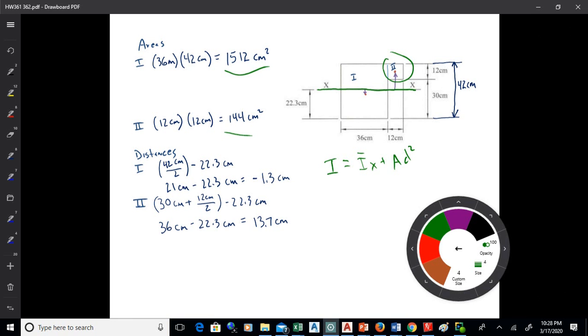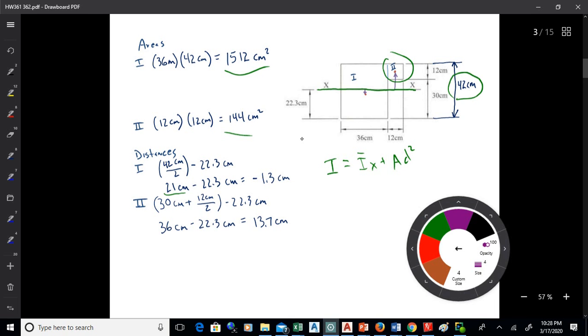So what I would do with that is find that offset distance, which goes from the axis to the centroids. For the large rectangle, the total height is 42, so half of that would be where its centroid is.